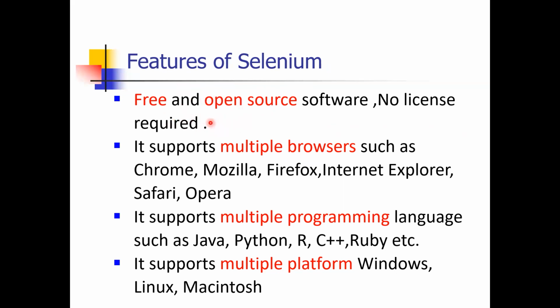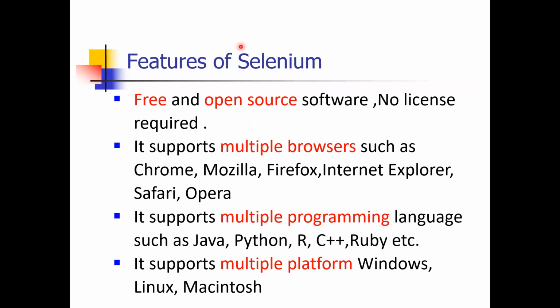Second advantage: it supports multiple browsers, not only Chrome but also Mozilla Firefox, Internet Explorer, Safari, and Opera. It supports every type of browser. It also supports multiple programming languages.